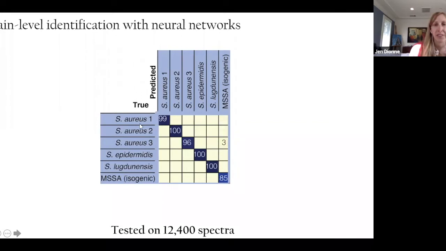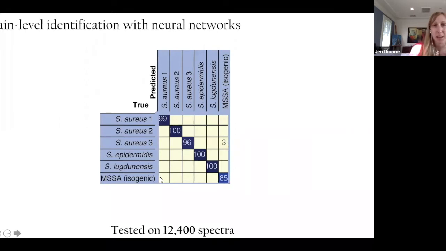You can see for these three strains of Staph aureus, the algorithm does quite well. It does confuse, for example, strain 3 of Staph aureus with MSSA, which is a methicillin susceptible Staph aureus strain. So there's a little bit of confusion there, a misclassification.